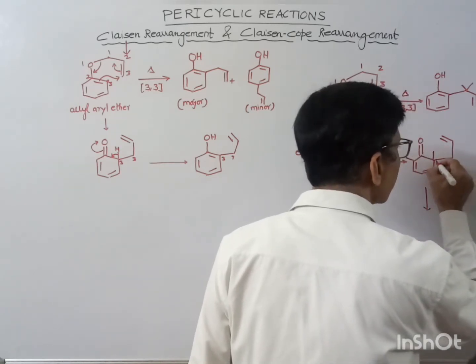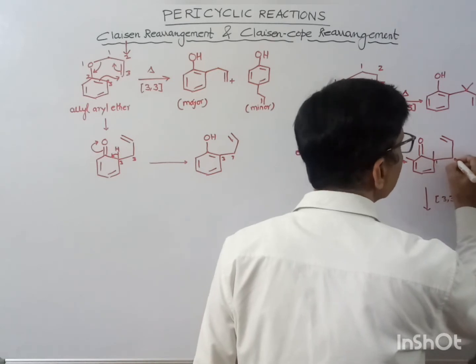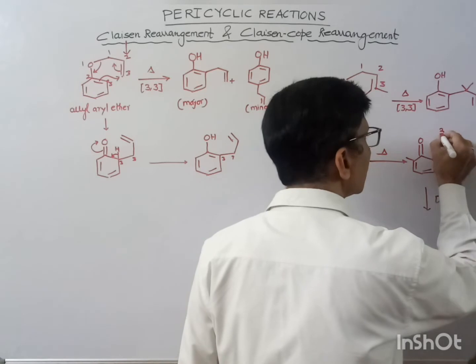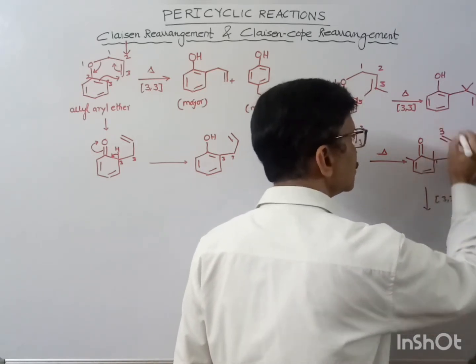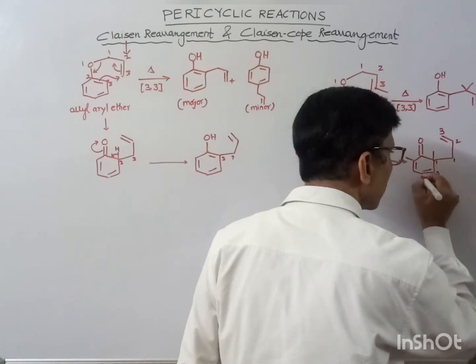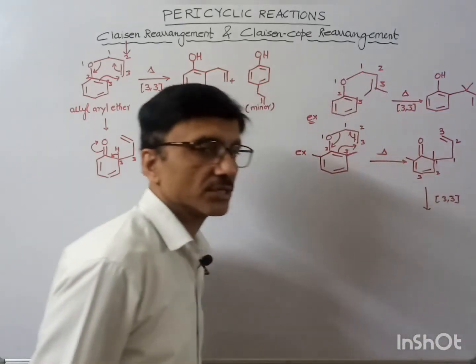So suppose this is given number 1, this is 1, this is 2, and this is 3. 1, 2, 3 allylic chain, and this can also be given number 1, 2, and 3. This is another allylic chain.